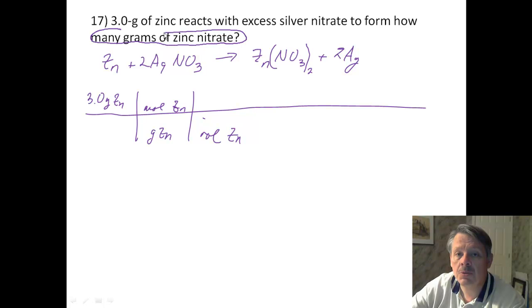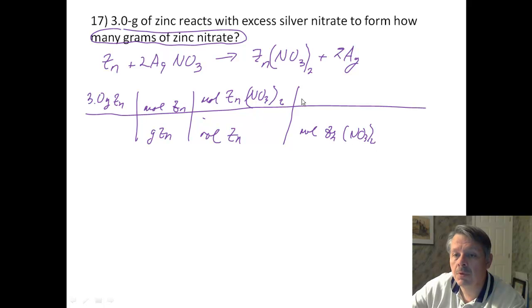All right, so we have to go to grams of zinc nitrate. So we're going to go to moles of zinc nitrate. And from moles of zinc nitrate, we have to go to grams of zinc nitrate.